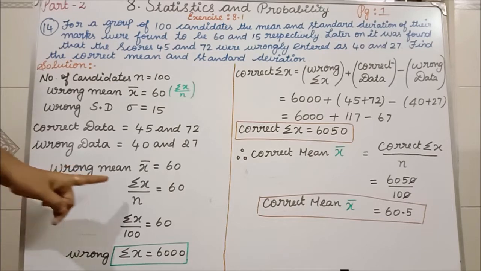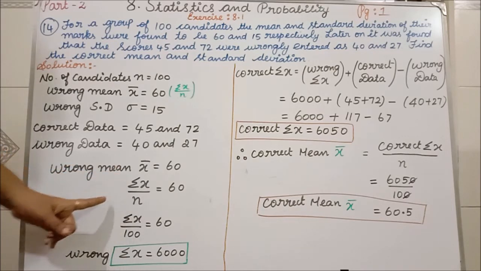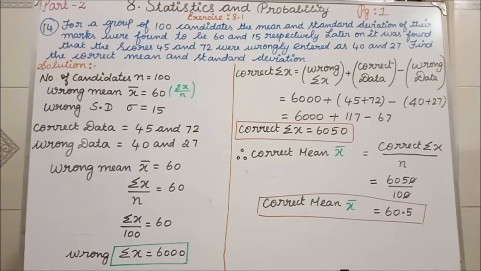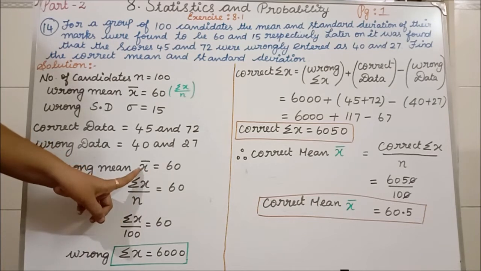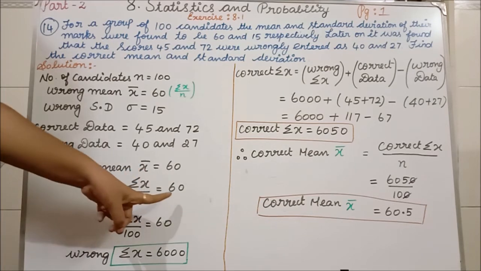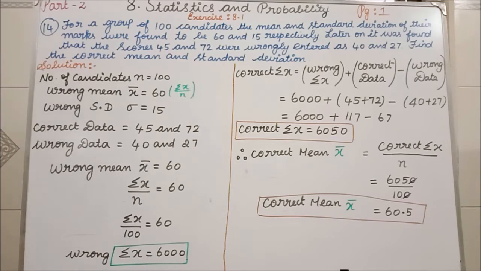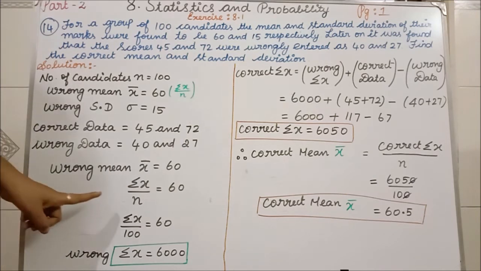Will you be able to recognize this formula? Mean X bar is equal to summation X divided by N. So summation X divided by N is equal to X bar, which is 60.